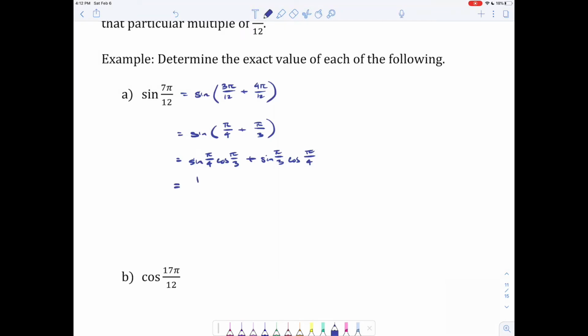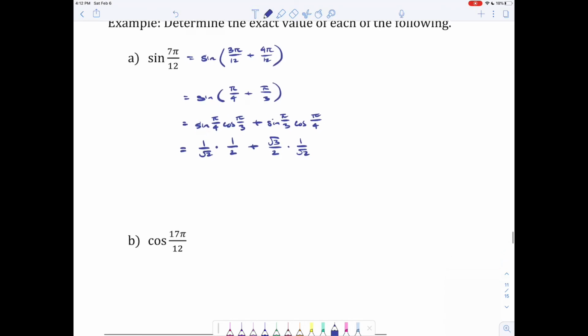Sine of pi over 4. Actually, if you rationalize in this step, then you don't have to rationalize later. So if you prefer to write sine of pi over 4 as root 2 over 2, go for it. That's that. Sine of pi over 3 is this, and cosine of pi over 4 is that.